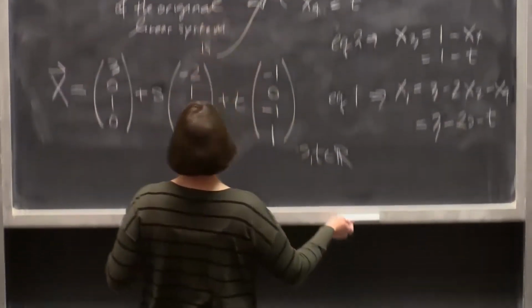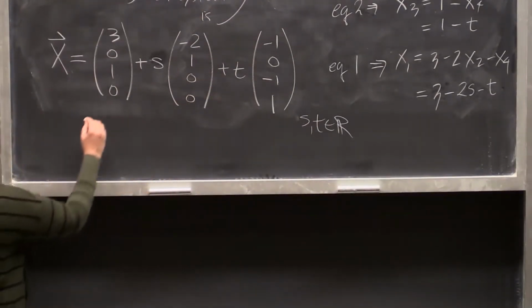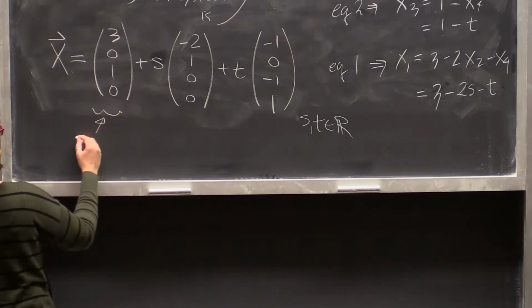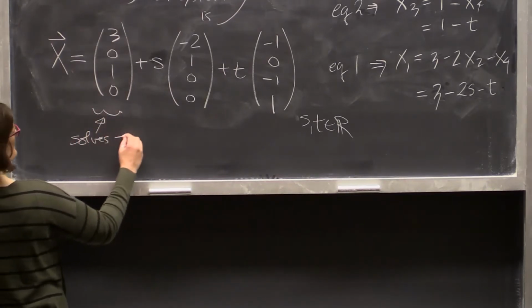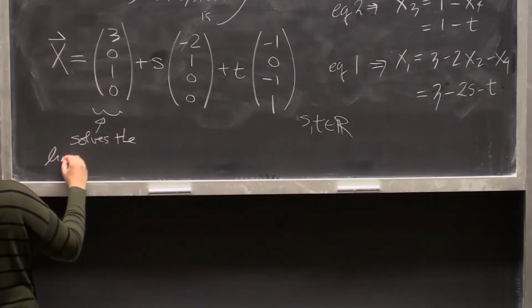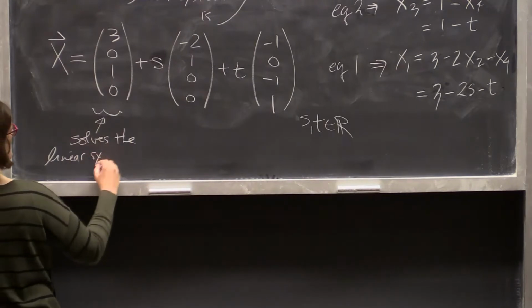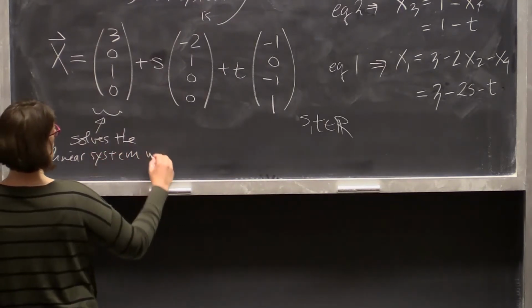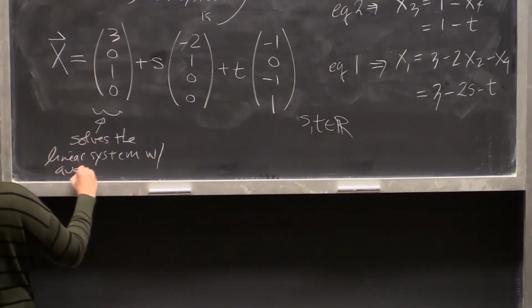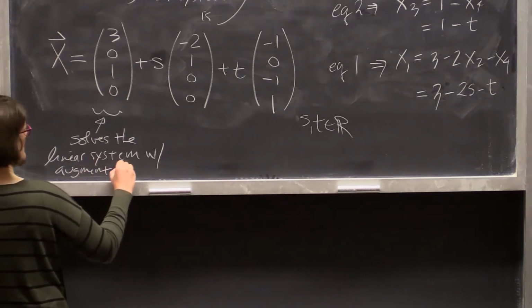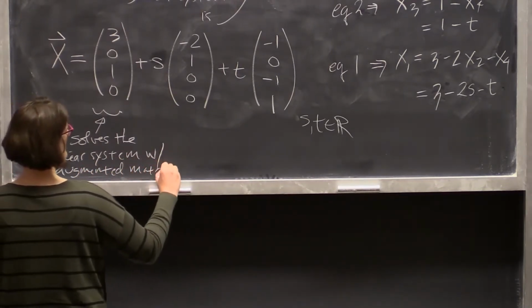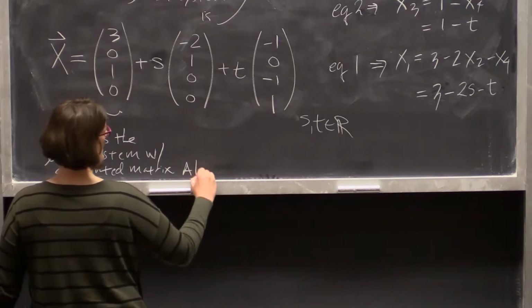And if you want to, you can check that this right here solves the linear system with augmented matrix AB.